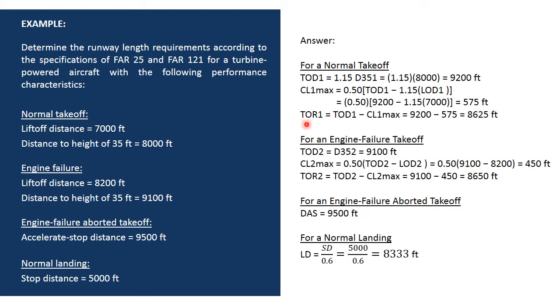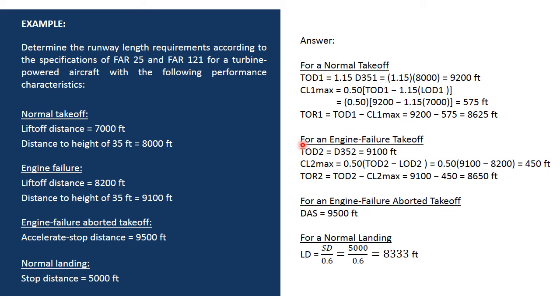Now we will calculate the TOR1. The TOR1 is TOD1 minus CL1 maximum. So this is 9,200 minus 575, which equals 8,625 feet. So this is the TOR1 for a normal takeoff.